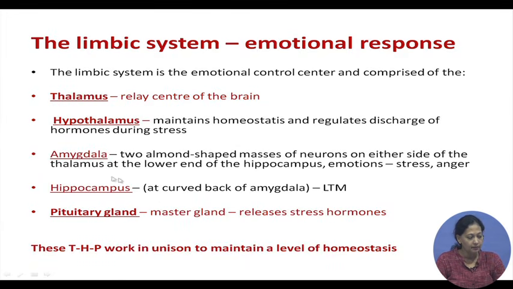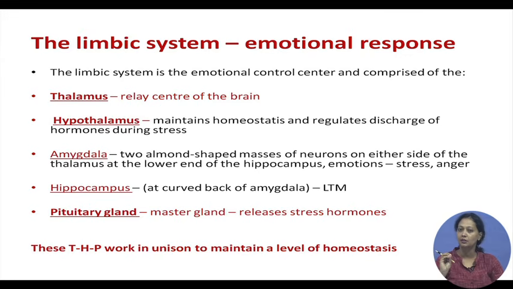So, basically, the major areas: the thalamus is actually not a structure of the limbic system, but it is related to relaying the responses of the limbic system to other areas of the brain. The hypothalamus is a very small structure just below the thalamus.